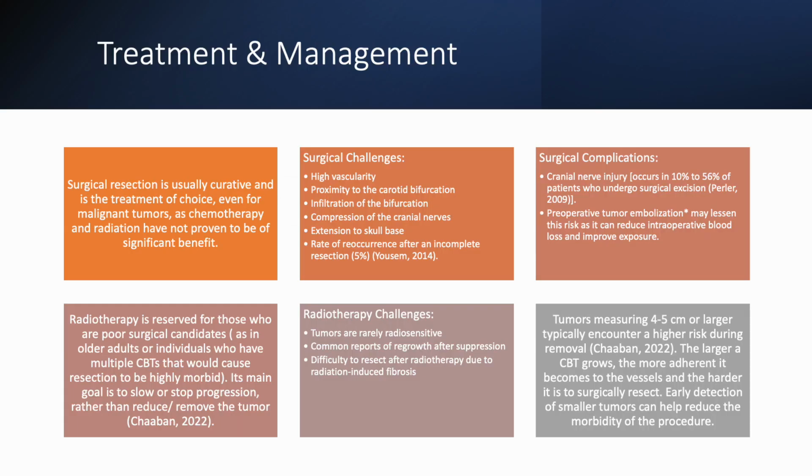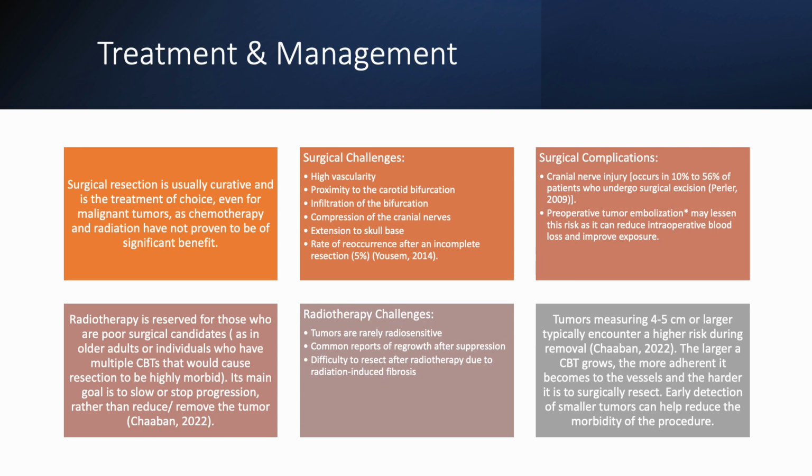Okay, so surgery and surgical resection is usually curative and is a treatment of choice even for malignant tumors, just because chemotherapy and radiation haven't been proven to be of significant benefit. There are surgical challenges just because the tumor is high in vascularity, it's close to the carotid bifurcation, and sometimes even infiltrates the bifurcation.